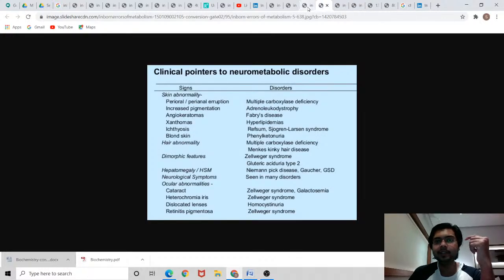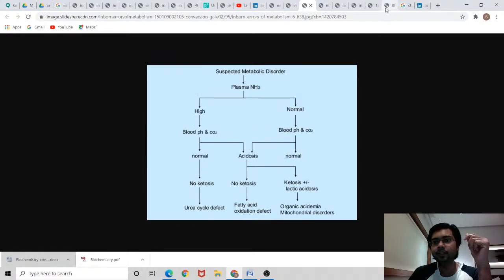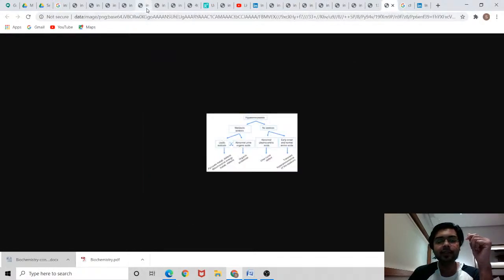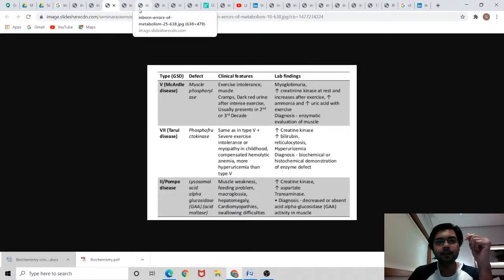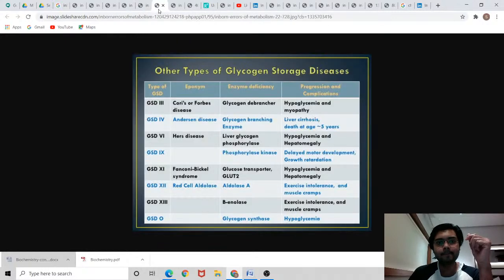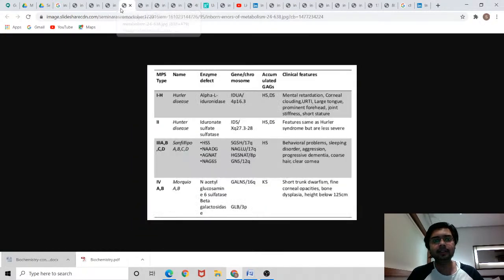First we will see what enzyme is deficient in which disease, and then we will see how you can diagnose them. We can start with glycogen storage diseases, and then we can discuss mucopolysaccharides. Okay, let us discuss the mucopolysaccharides first.